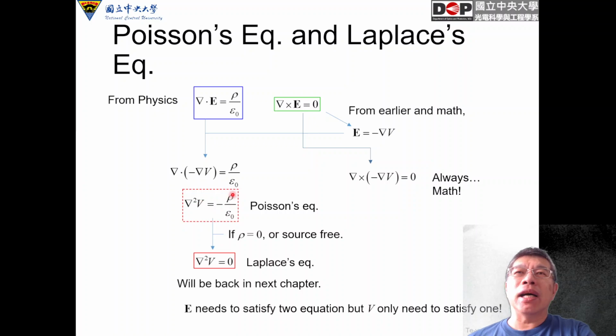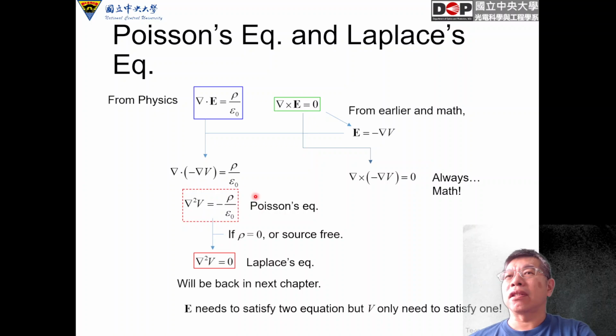On the right-hand side is the charge density divided by epsilon naught with a negative sign. This is called the Poisson equation mathematically: a Laplacian of a scalar function with a right-hand side which is not zero.